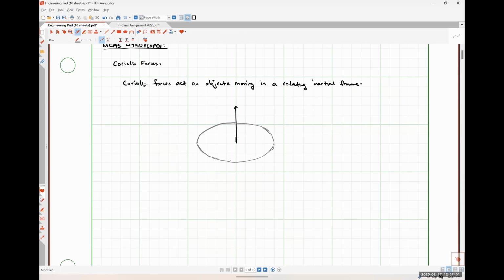So I've got my disk here, and the black line going through the center represents my axis of rotation. Let me try to define a coordinate system here real quick.